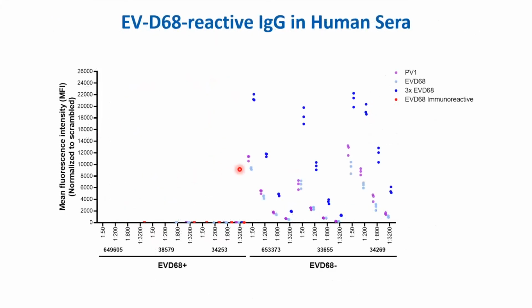We've pushed a little bit with some of our patient sera to see if we can really tease out whether this EBD68 immunoreactive peptide sequence can actually identify EBD68 specific antibodies.